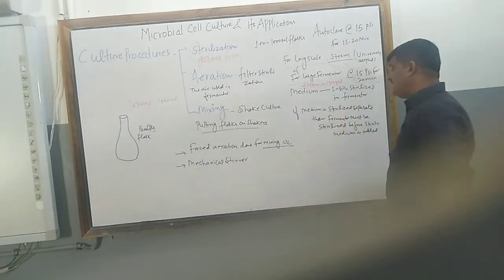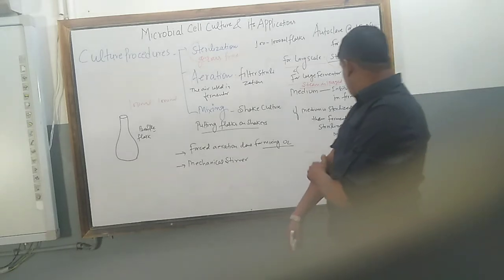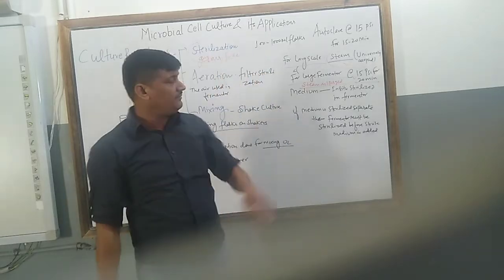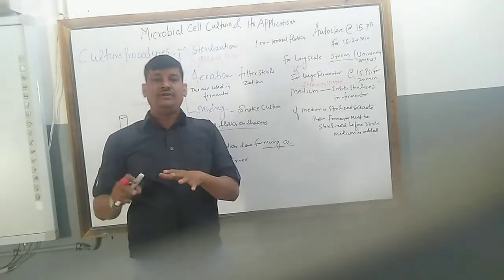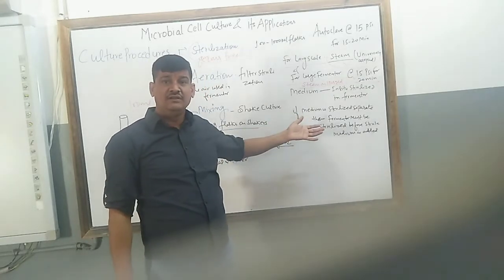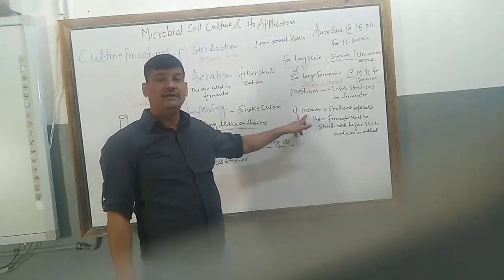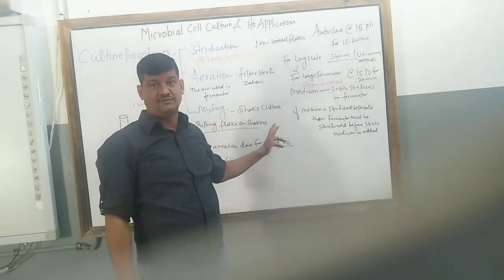We have two conditions here. If the medium is sterilized separately, then the fermenter must be sterilized before the sterile medium is added. Suppose in the laboratory we are doing this culture, the nutrient medium is added separately, so before adding to the fermenter that medium will be sterilized.